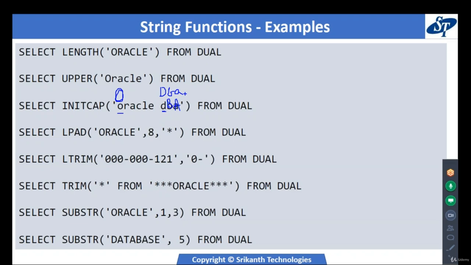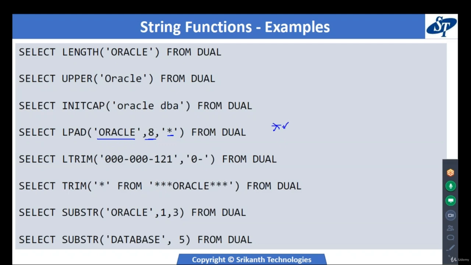So first letter of every word uppercase, the remaining lowercase. LPAD is padding the given string to 8 characters. It's going to pad it to 8 characters by filling the extra space on the left with a star. So I have 6 characters in that.